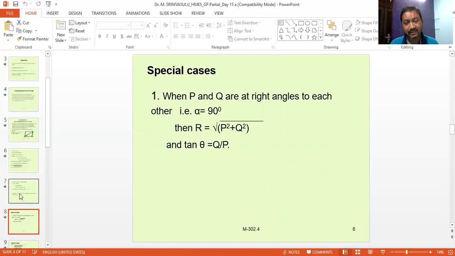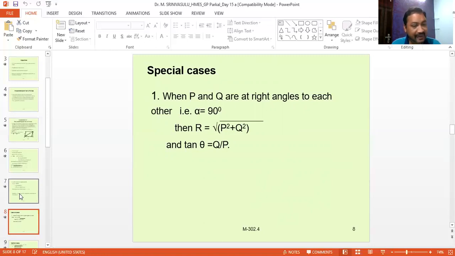What is happening here is when P and Q act at right angles, the resultant becomes the diagonal of a right angle triangle.